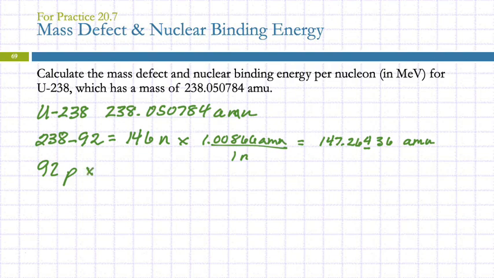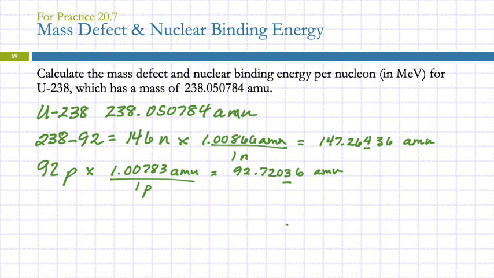92 protons times 1.00783 atomic mass units per proton is 92.72036 atomic mass units.